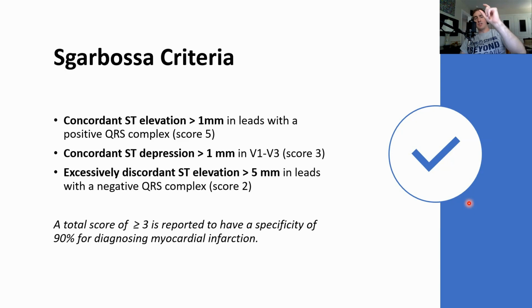Then if the QRS complex is negative, we expect the ST segment to be positive, but if the elevation is greater than 5 millimeters, that gives you a score of 2. A score greater than or equal to 3 has a specificity of 90% for diagnosing myocardial infarction.